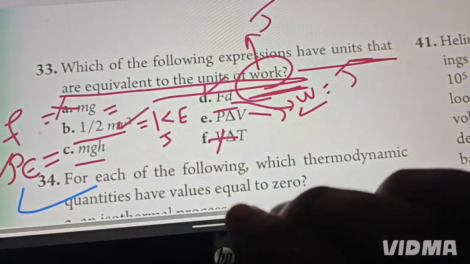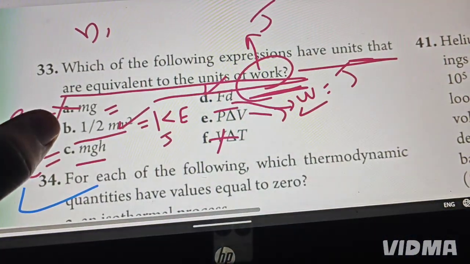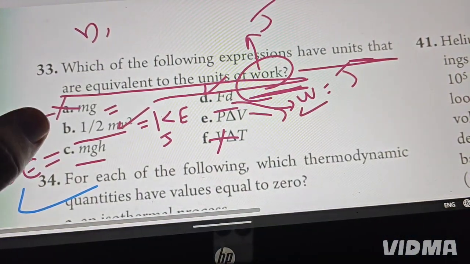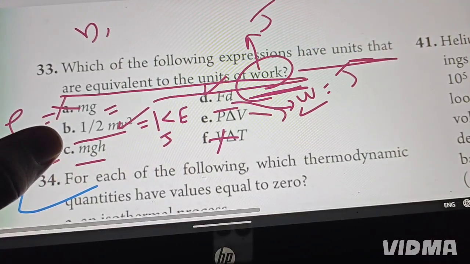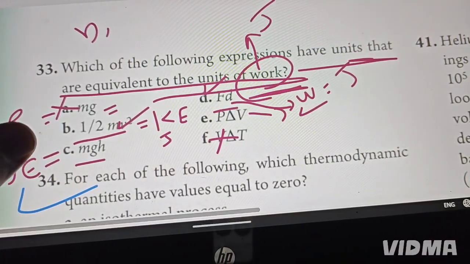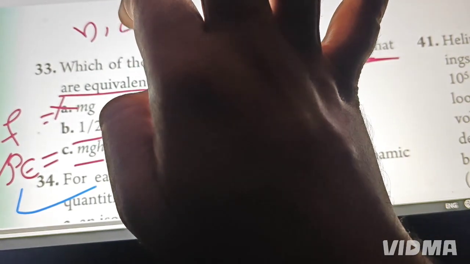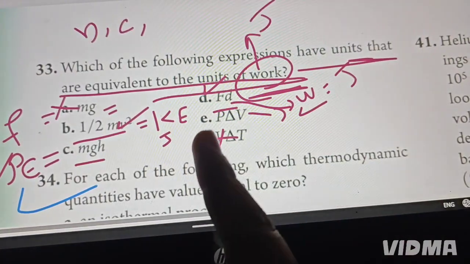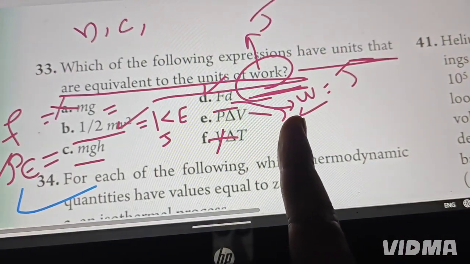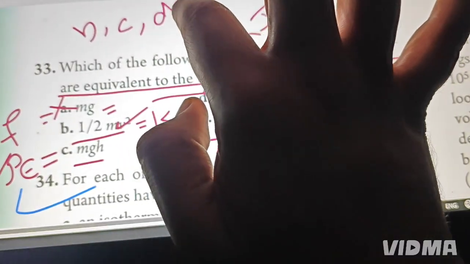So the answer is B, because 1 over 2 mv squared is kinetic energy. This is correct, it is the joule unit. Part C, mgh, is potential energy, and the potential energy unit is still joule, so C is correct. Part D, FD, is equal to work, the rule of work, and work is again joule, so part D is right.